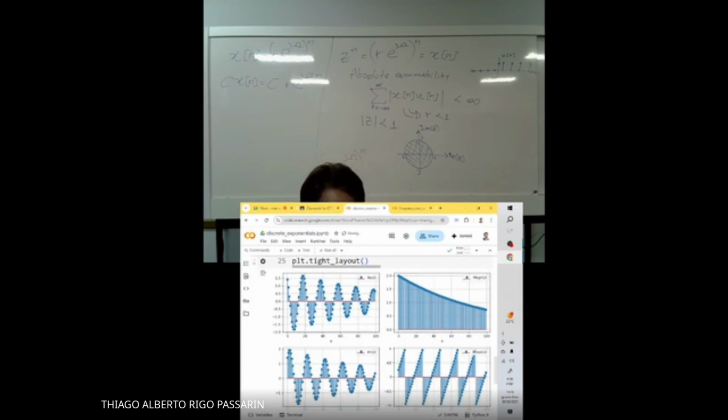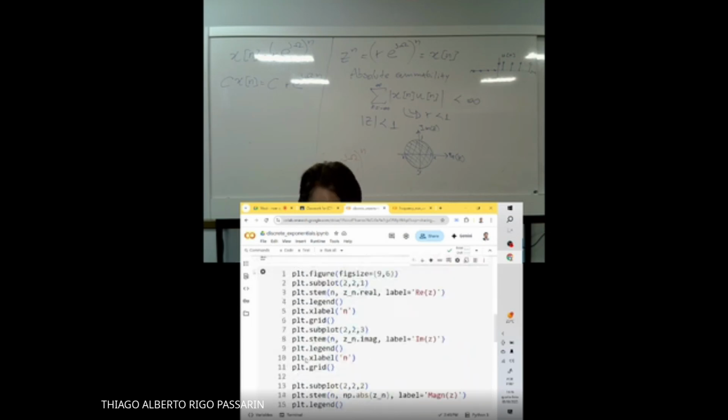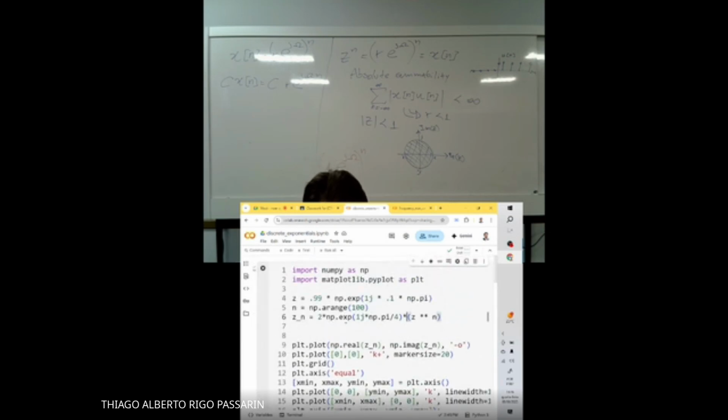So we're adding the phase to each number. So instead of starting at phase 0 here for n equals 0, I'm starting with pi over 4. So I no longer have a pure cosine and a pure sine.